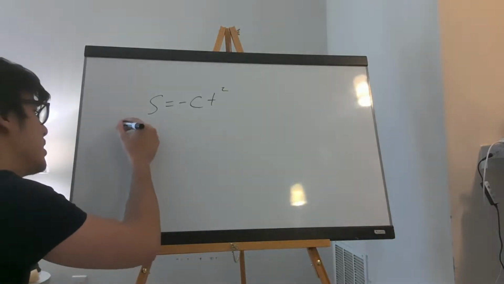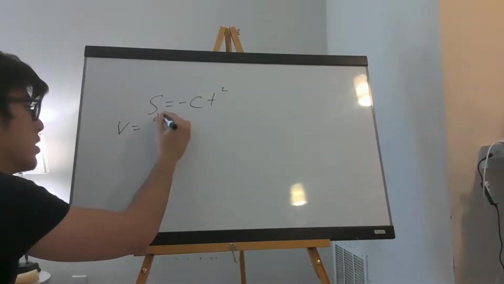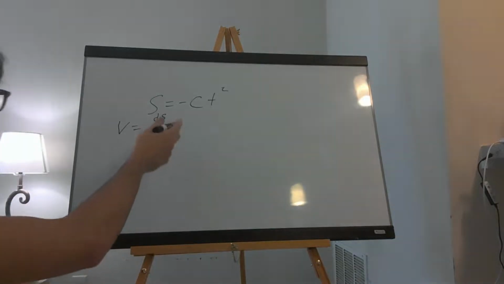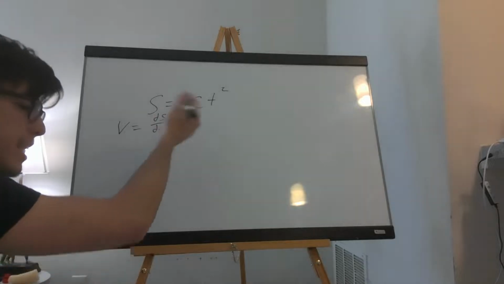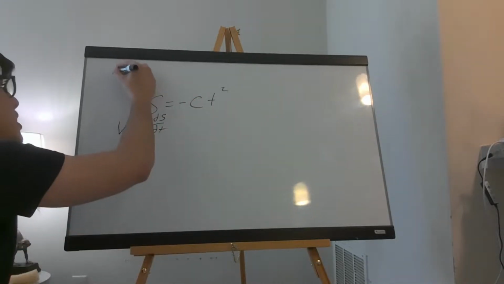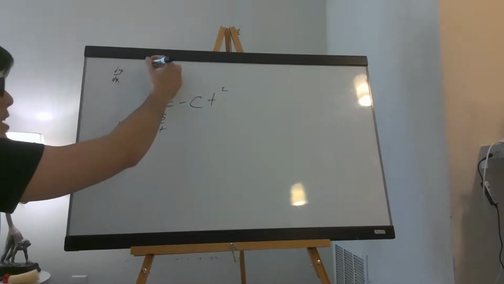So then the velocity is going to be equal to the derivative of s with regards to t. The letter that's on the bottom, that's the one that you're taking the derivative with regards to. Like a lot of you have probably seen dy dx, which means take the derivative in terms of x.